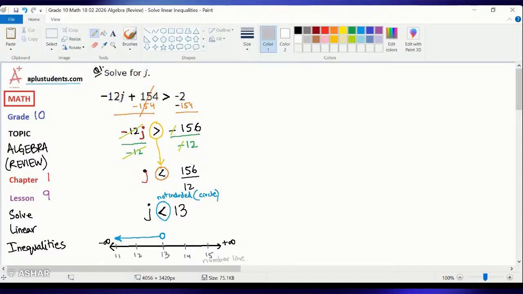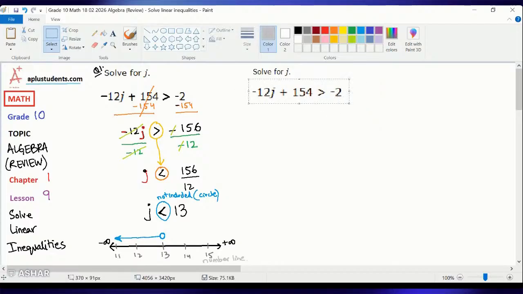Okay, let's look at another example and see what we can do over here. For the next question, I would pick the same question, but let's change the sign over here.